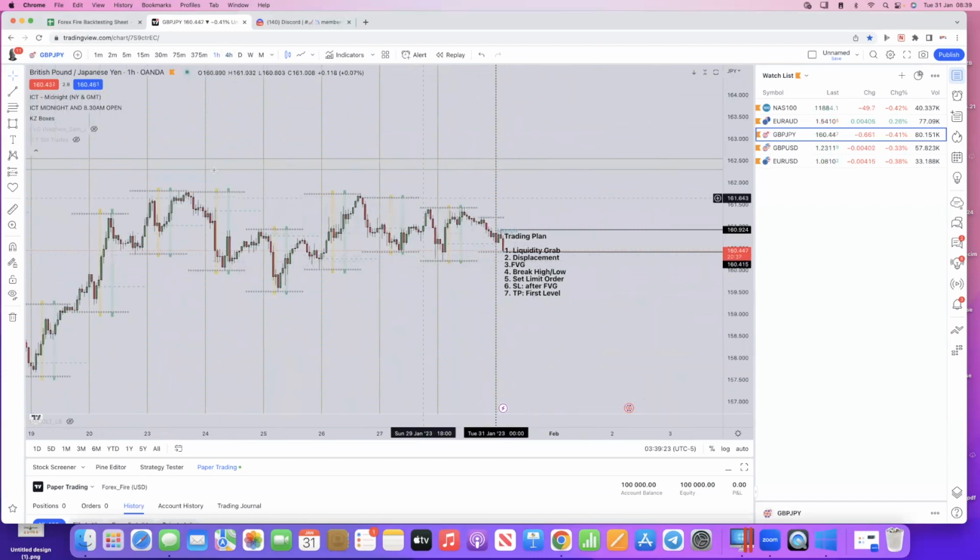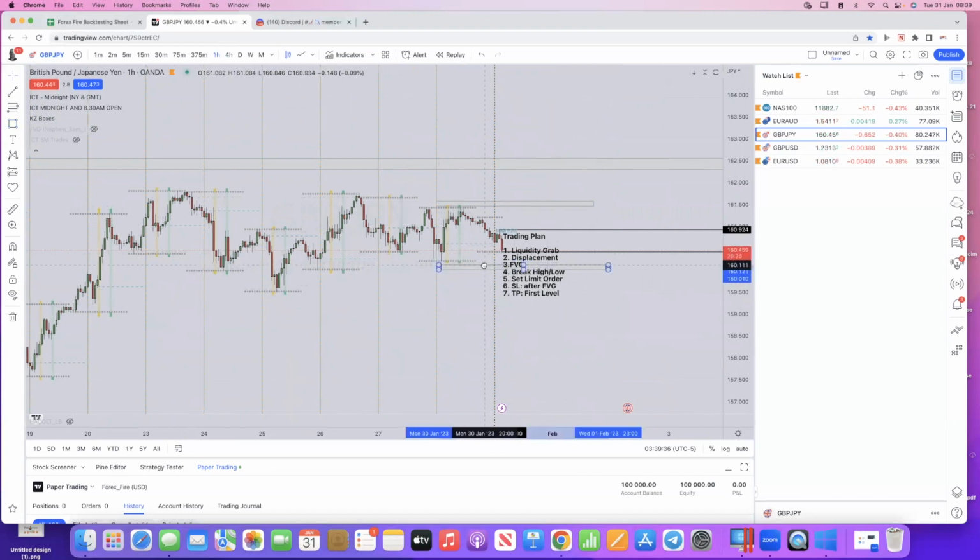Again, we've got sell side and buy side up here, and also here. So I'm just keeping an eye on things. This here is a previous daily low, and we've got a previous daily high up here.